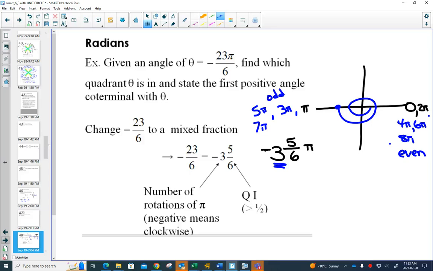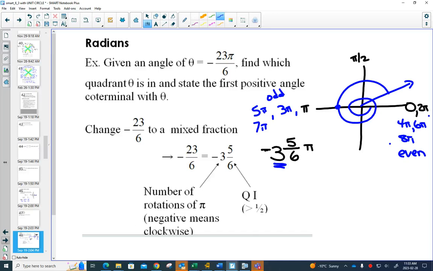I just say, I know that I'm going to be here, and then the 5/6. You just have to determine, is that 5/6 more than half or less than half? Because right here is half a pi. And the 5/6 being more than half means I need to keep going in this direction, but go more than half. I'm going to end in quadrant 1.